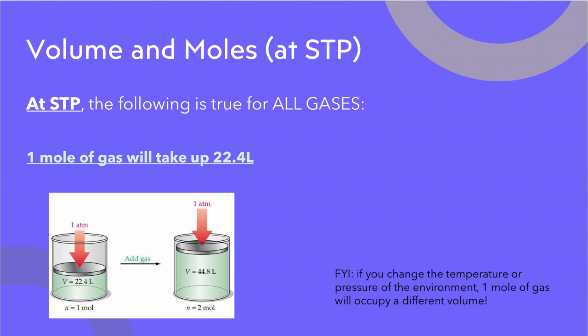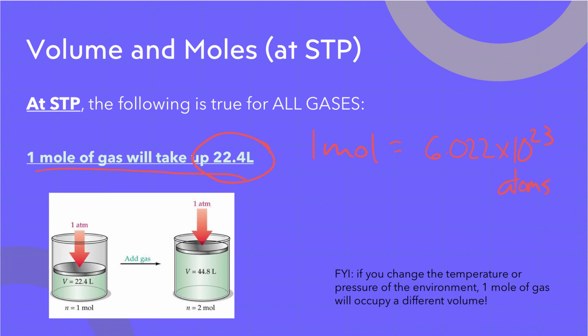So here's that magical number that he helped give us. A mole of gas, so this is another counting unit, is going to equal 22.4 liters. Again, that's just like 1 mole equals 6.022 times 10 to the 23rd atoms.